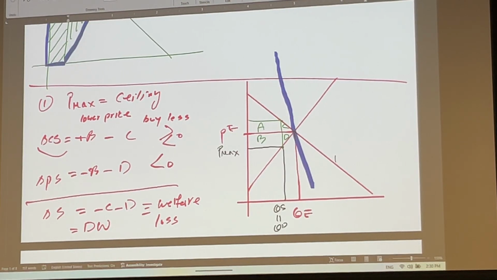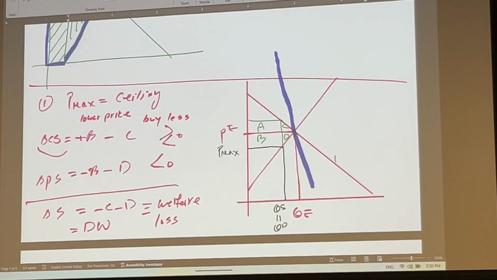The more verticalish the demand is, the bigger C is. So if you have a good that's very elastic, there's a good chance the consumer will lose too. That's rent control. There's a good chance C is bigger than D. If demand is vertical, which is the case of rent.